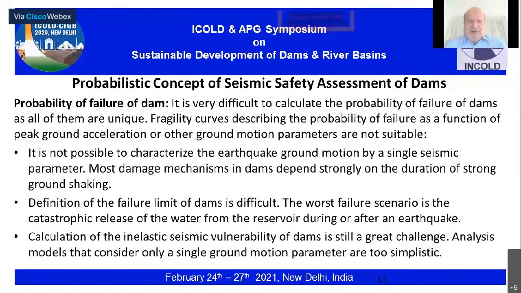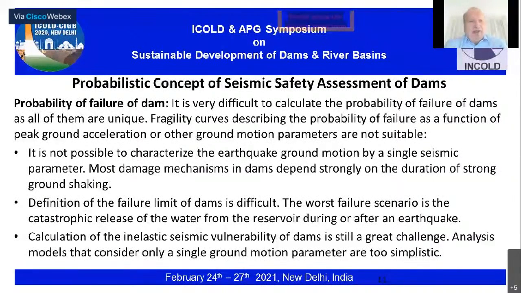Often for the seismic safety assessment of dams, so-called fragility curves are used, which describe probability of failure as a function of, for example, peak ground acceleration or other ground motion parameters. But these are not suitable.